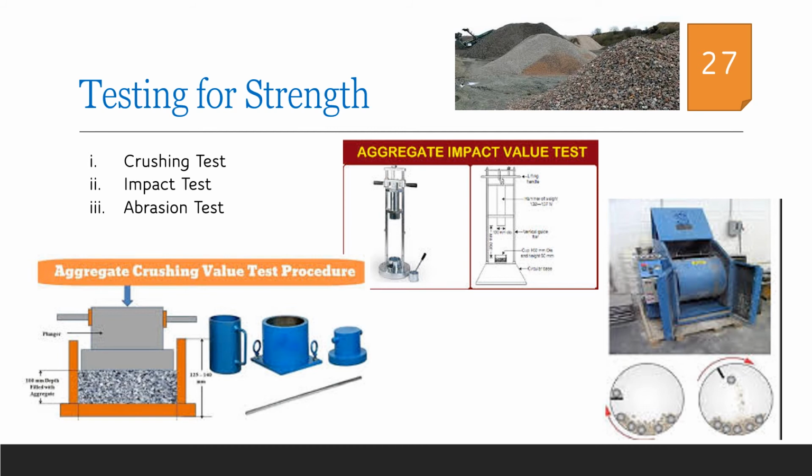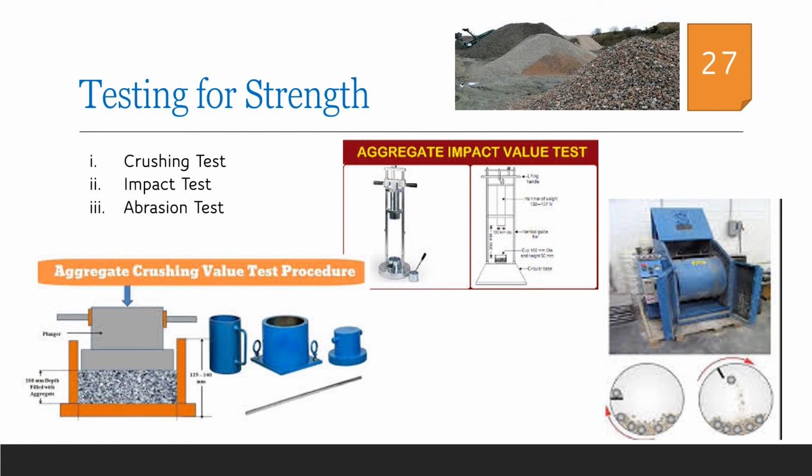In the crushing test, we have a particular sized mold as per the IS code. We fill in the sample and apply the vertical load. On removal of the load, we sieve the aggregate. The percentage of the weight of aggregate that passes through the 2.36 mm sieve is measured, and it gives an indication of the crushing strength of the aggregate.